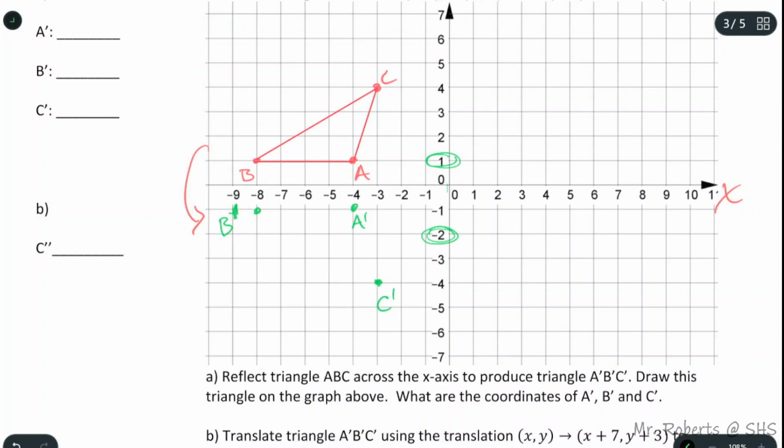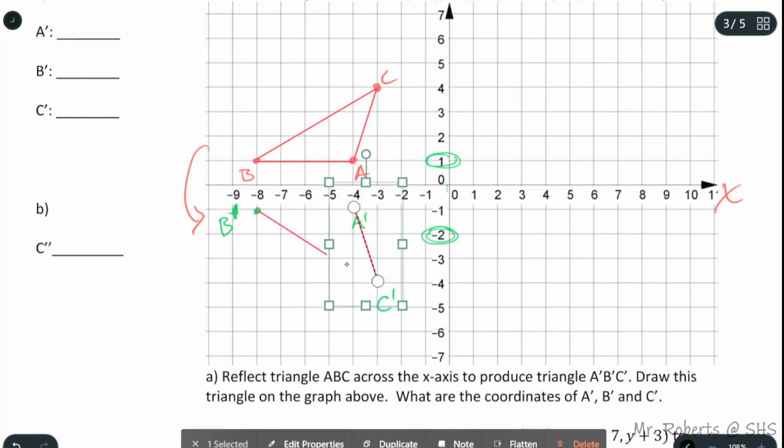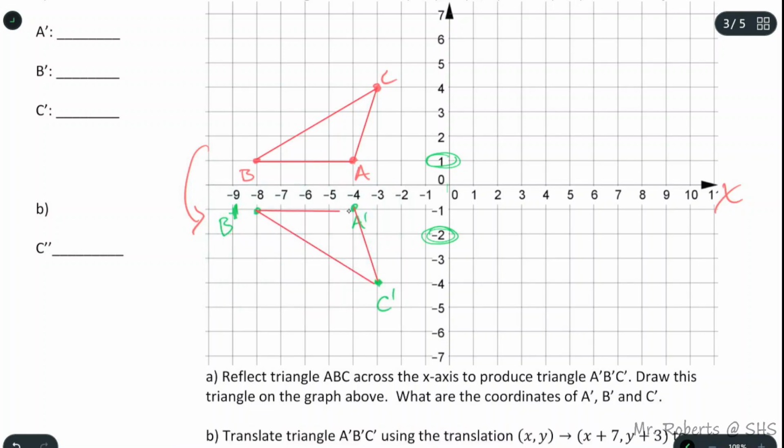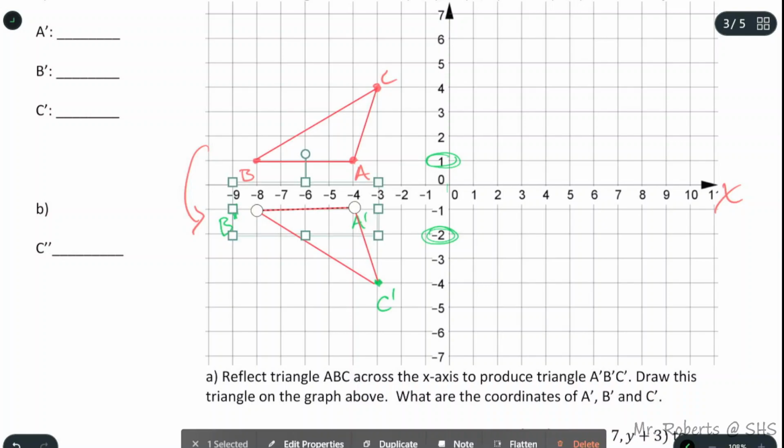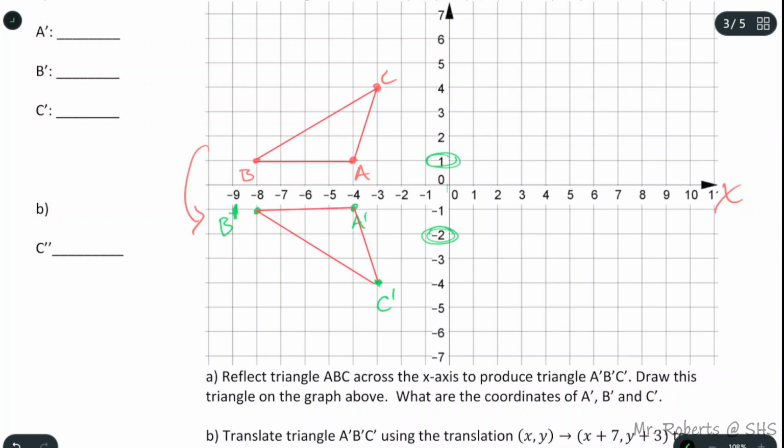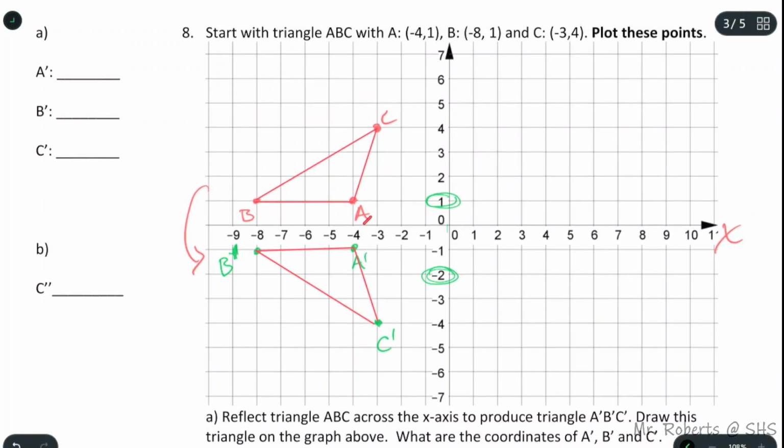All right, so I'll draw that triangle. I guess I just have the red pen. So here, here, and oops. And the last one is here. So there we go. There's our reflection across the x-axis. It does ask me to list each of the points. The thing that's nice is that I can just look at the original points.